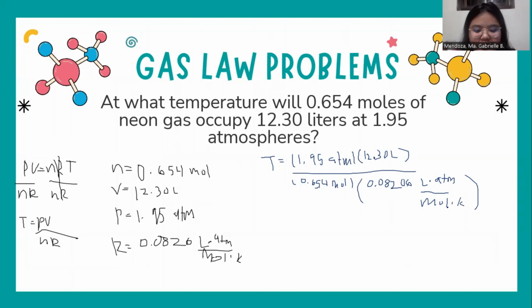Ayan. So, since na-substitute na natin, we can now solve. So, 1.95 times 12.30 divided by 0.654 moles times 0.08206.